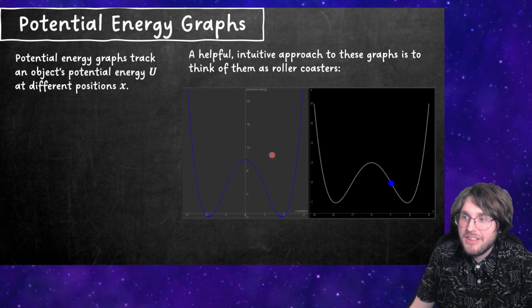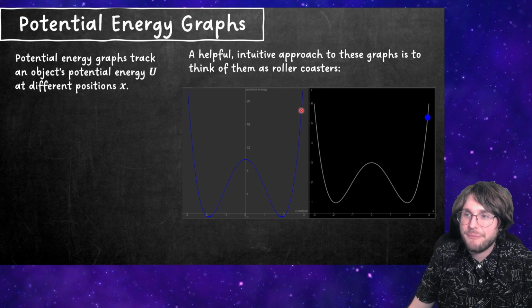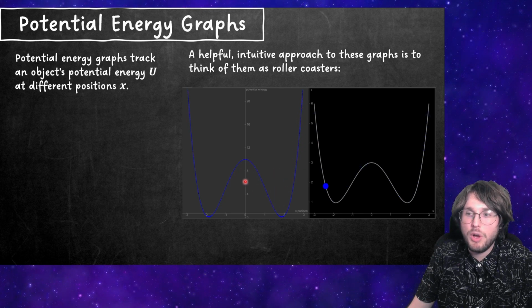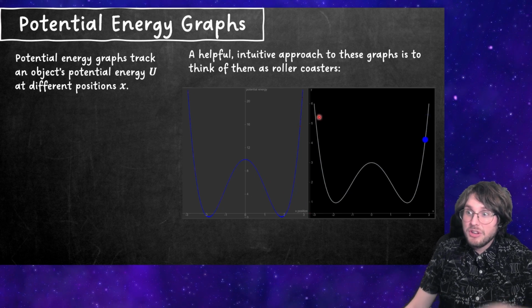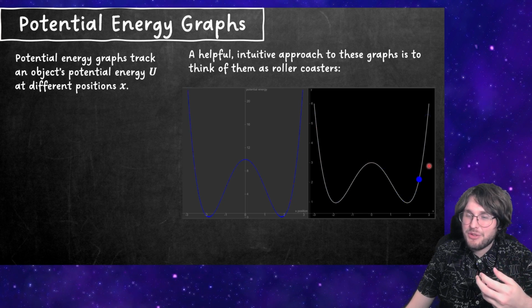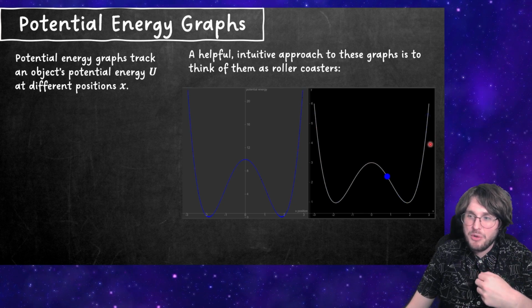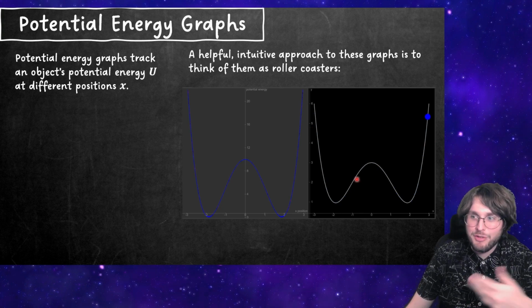But this is quite literally the potential energy versus displacement graph. And notice it is pretty much a one-to-one copy of the physical scenario over here. So a lot of the time, a potential energy graph quite literally is the exact physical scenario you're trying to model, like a roller coaster. And for that reason, the marble analogy is pretty good for what it's worth.